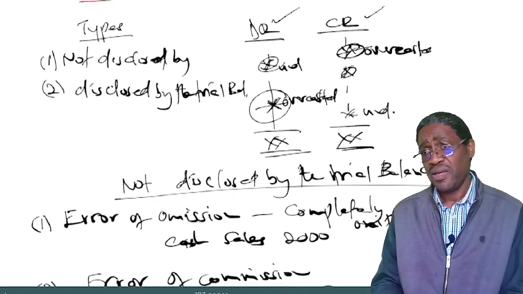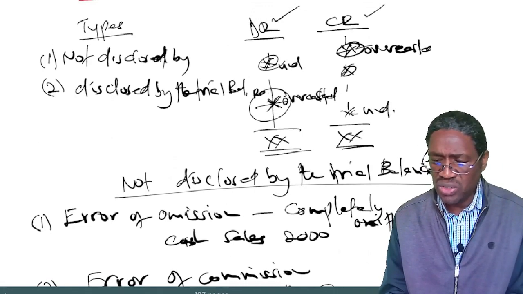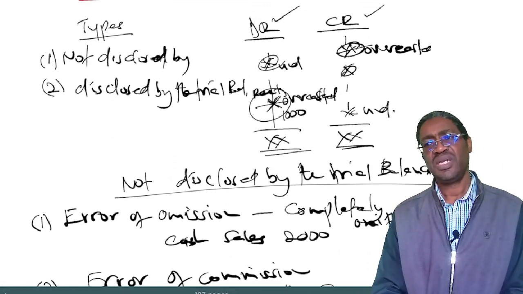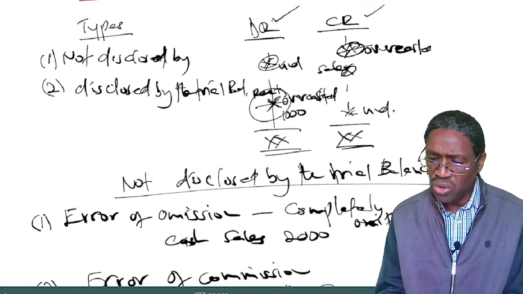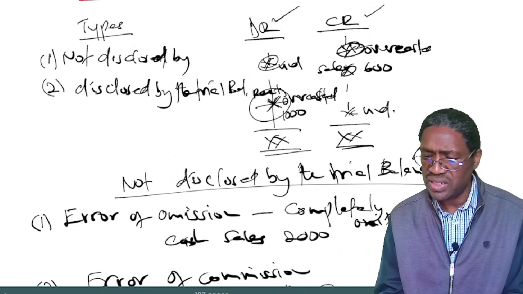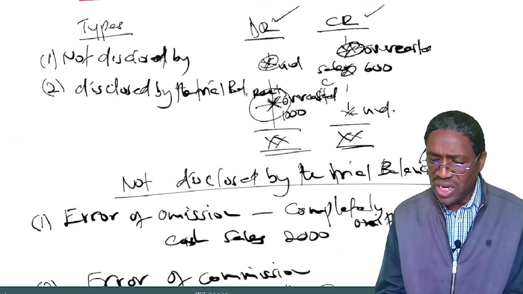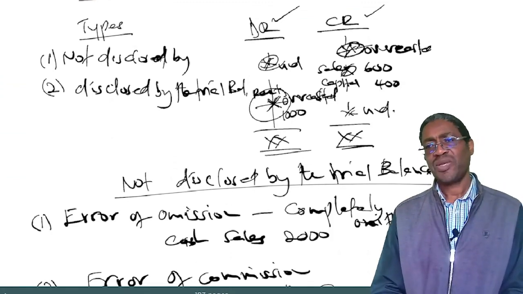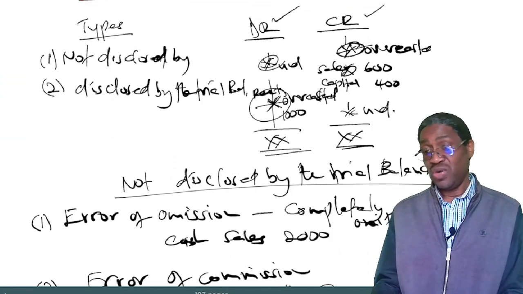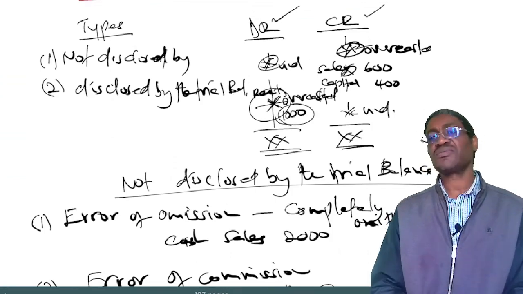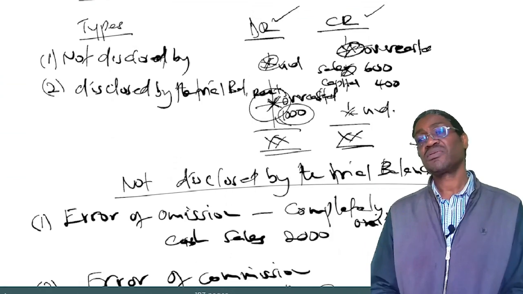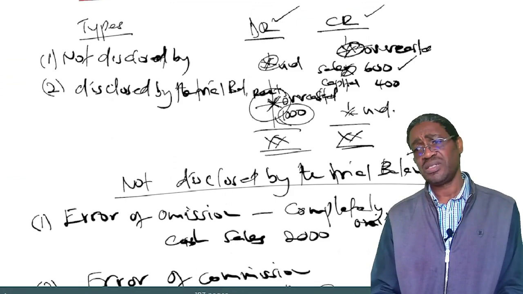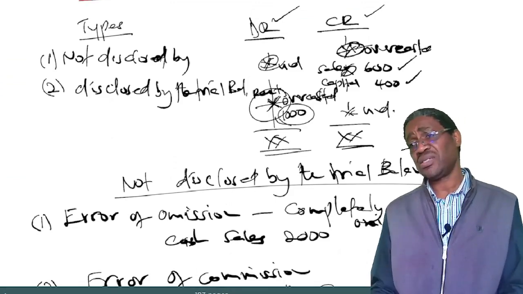For example, if your rent account on the debit of the trial balance is overcasted by 1,000, and your sales account which is on the credit is overcasted by 600, and your capital account which is always on the credit is overcasted by 400, you have committed three errors. Your debit is overcasted by 1,000, an item on the debit, and two items on the credit are overcasted, one by 400, another one by 600.